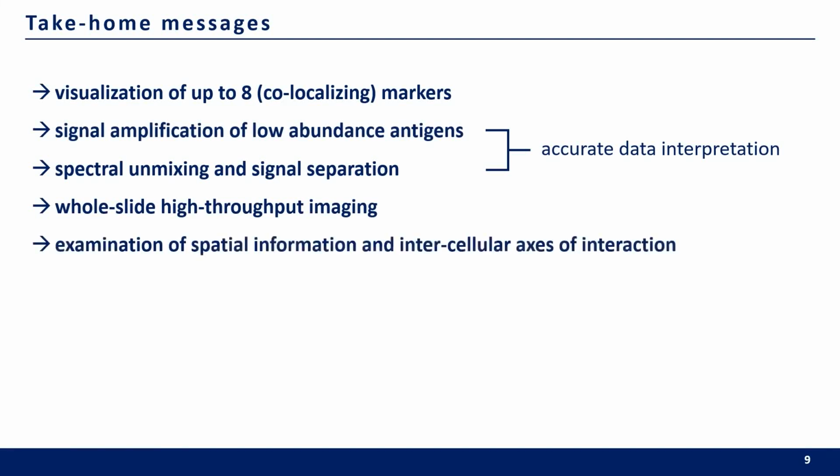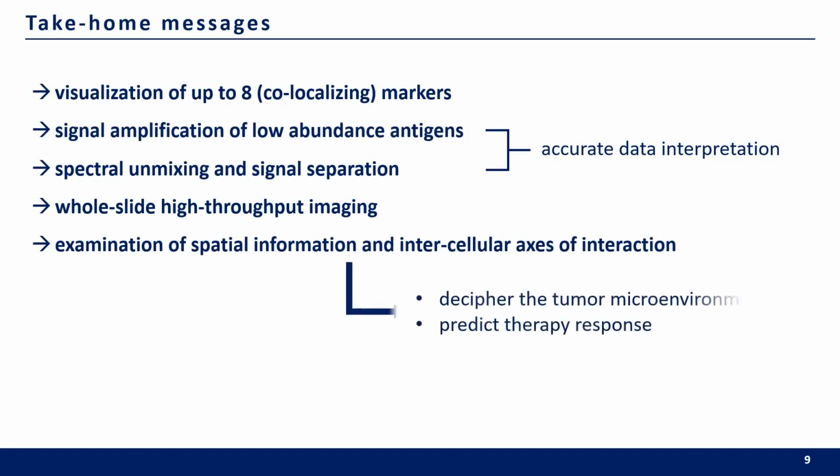This technique enables the in-depth exploration of the spatial tissue biology, facilitating the capture of spatially resolved interaction between cells. This is especially relevant in the context of oncoimmunology, where it's used as a tool to decipher the tumor microenvironment, and more importantly, as a tool with predictive capabilities for immunotherapy response, having great impact on preclinical and clinical research.